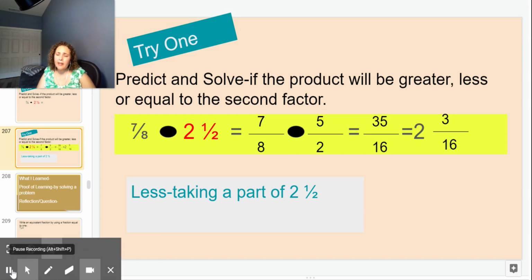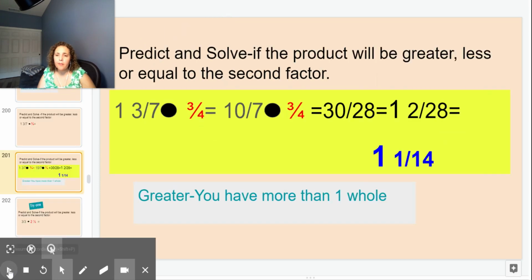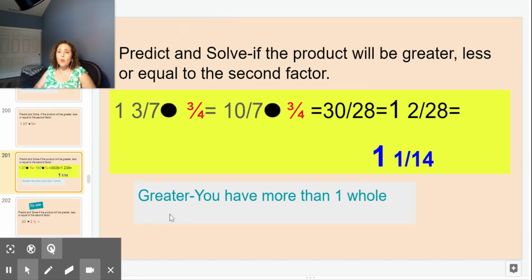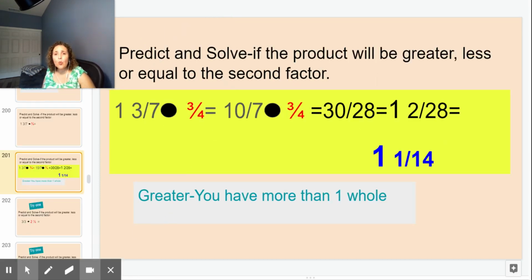Okay, so you're probably thinking, why was this one less and the other one wasn't? This one was less because you're comparing it to the 2.5 and you're taking part of that 2.5. Let me show you the other one and why it was greater. Okay, so this one was greater because you were comparing it to the 3/4, not to the 1 3/7.